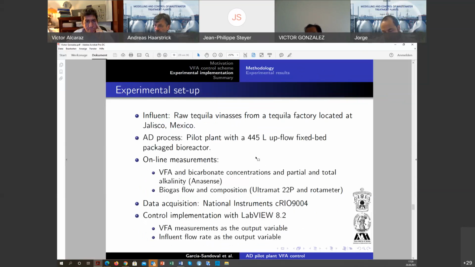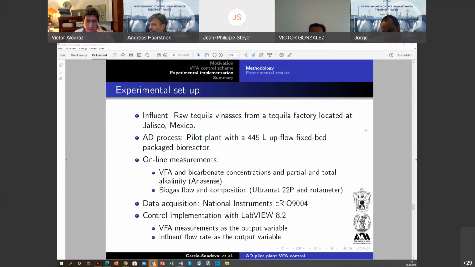These are the characteristics of the experimental setup and, of course, the vinasses. We use raw tequila vinasses. Most of the tequila factories that have wastewater treatment plants use diluted tequila vinasses.